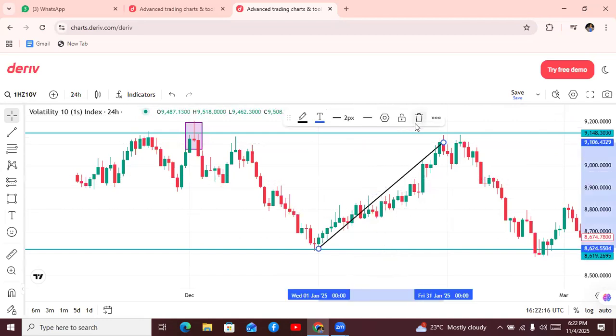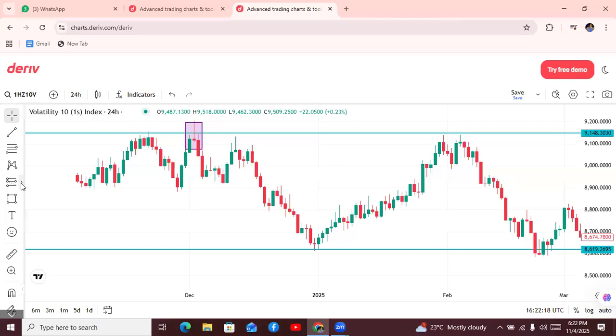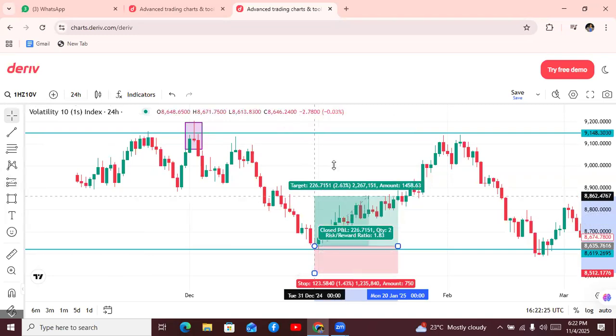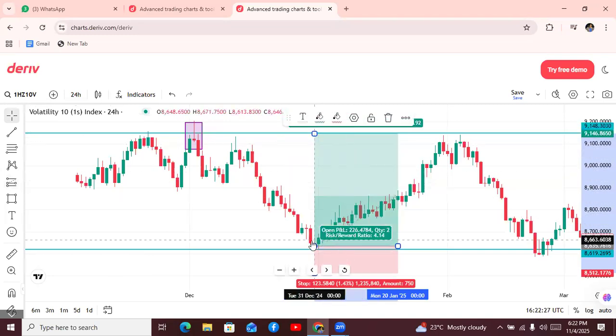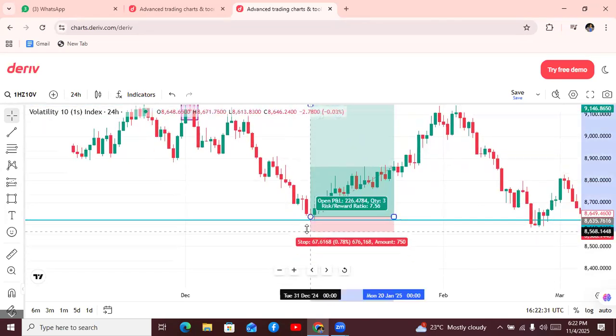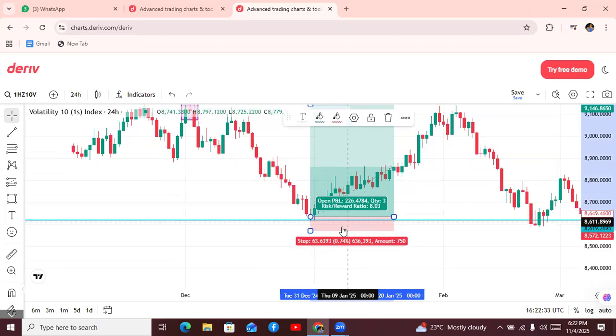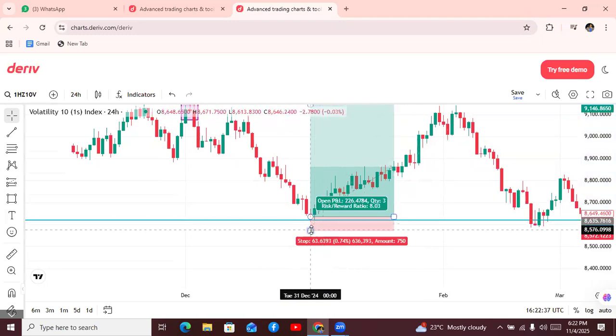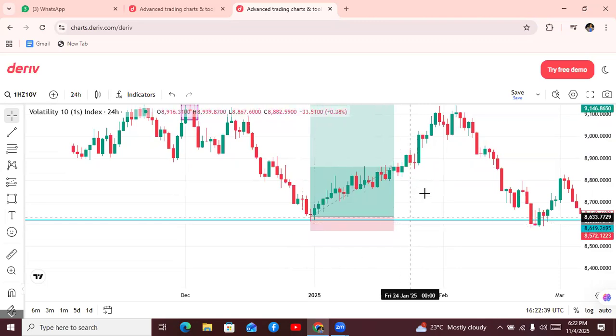So we are supposed to buy from the support level to the resistance level. This is where we put our stop loss. If we are buying, our stop loss, we put it below.